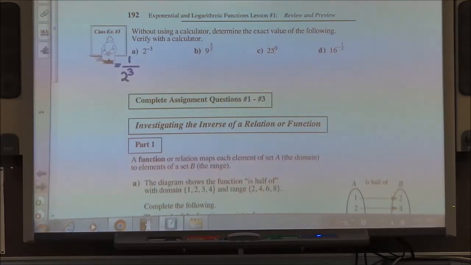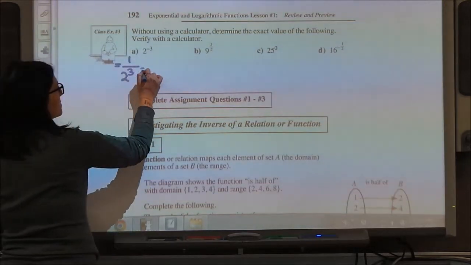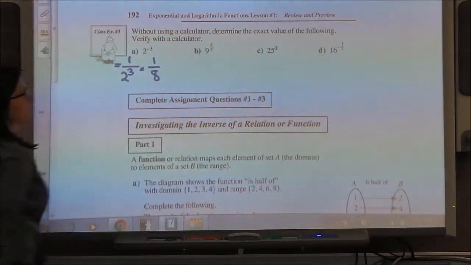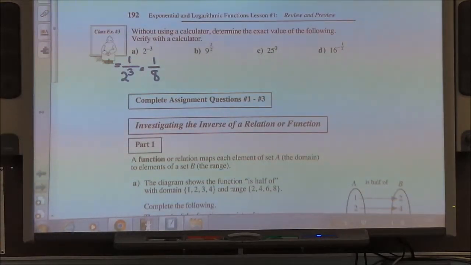So this becomes 1/8. Somebody verify that for me on a calculator and tell me if you get 1/8. So 2 to the -3. Okay?